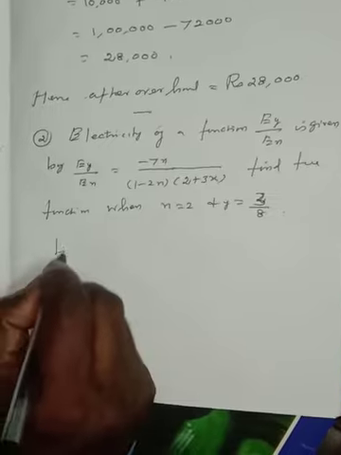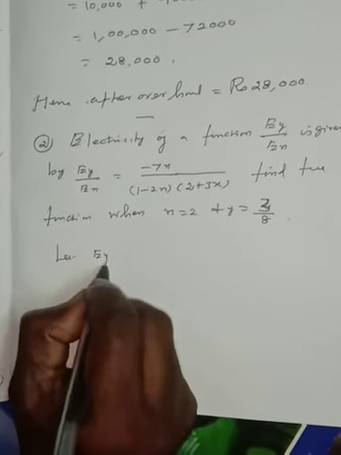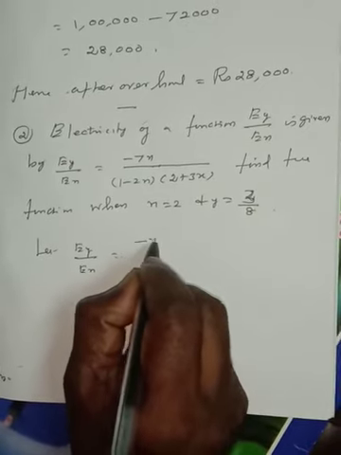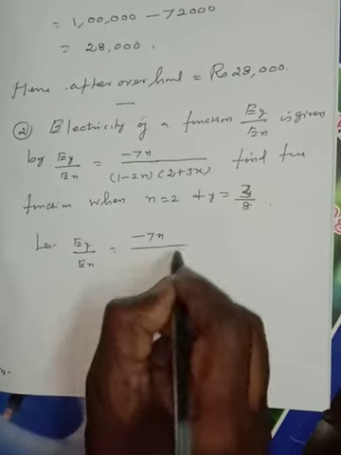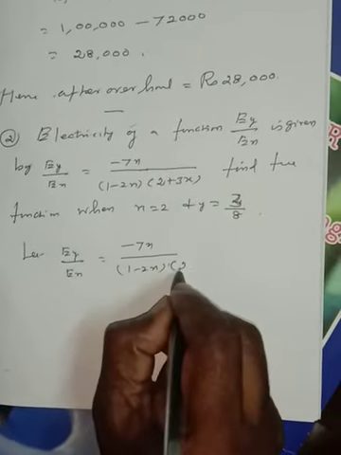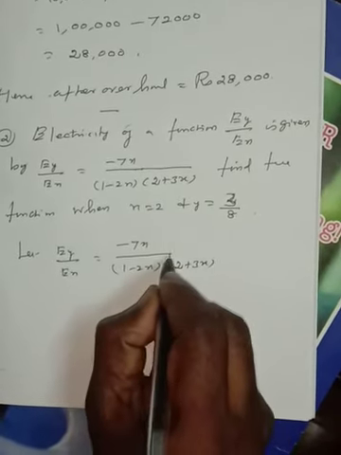Let Ey by Ex be given by minus 7x divided by (1 minus 2x) into (2 plus 3x).